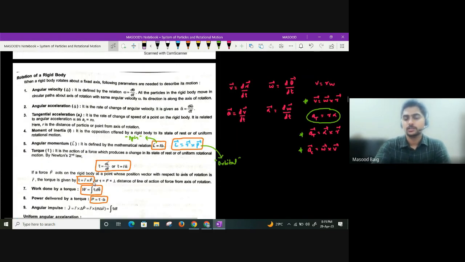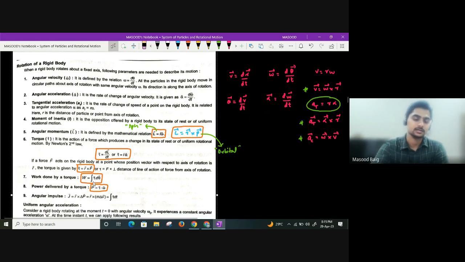Whatever is velocity, here you will have angular velocity. Whatever is acceleration, here you will have angular acceleration. Whatever is mass, here you will have moment of inertia. In the same manner, whatever is linear momentum there, here it is angular momentum. Whatever is force there, here it is torque. Whatever is kinetic energy, here also it is kinetic energy, but there it is translational kinetic energy; here you will write rotational kinetic energy.